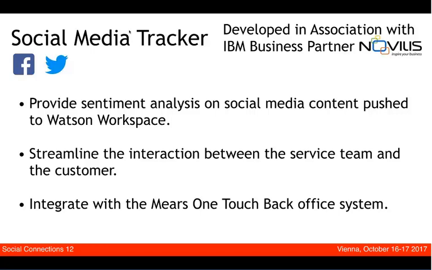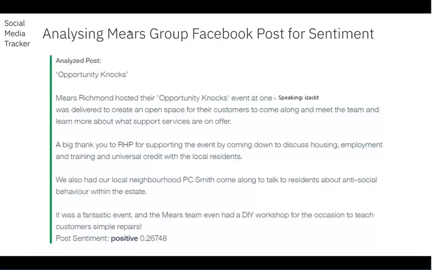Okay, and then they've also got a back-end system called OneTouch, where they'll be able to push the content through to that system. As an example, this is a post into one of their spaces at the moment, and it's analyzing a Facebook post. Down the bottom you see that the sentiment is positive overall.